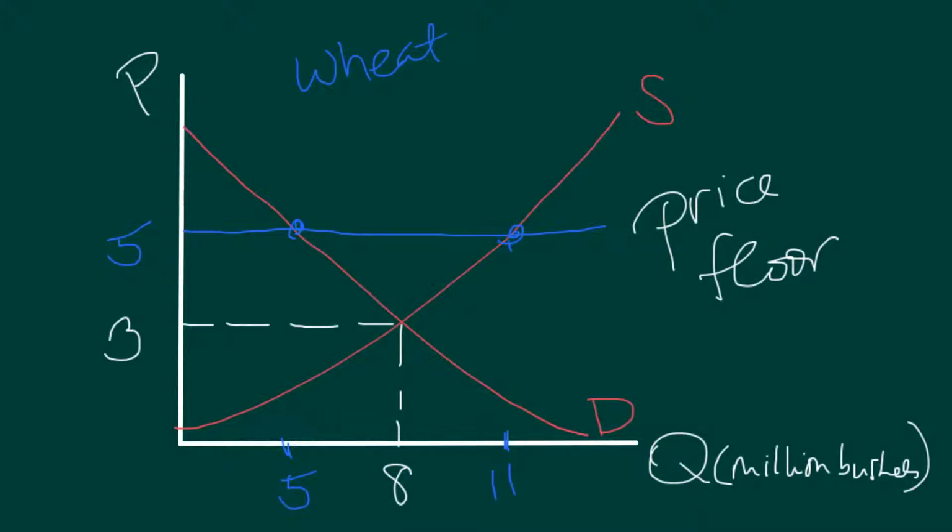So what happens in the real world with those extra 6 million? Various things can happen. One of the things we see happen a lot, and one of the reasons I chose the wheat market, was we end up with this surplus wheat. So our government is the one that actually buys it up and allows this price floor to continue. They could destroy the wheat if they wanted to do that. You've seen that at different times with different products.